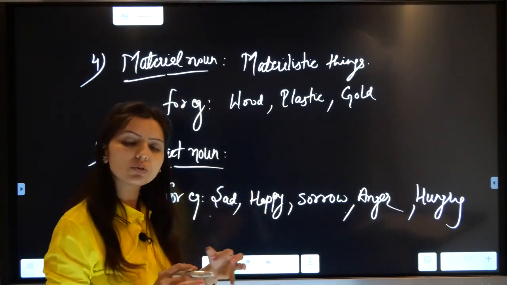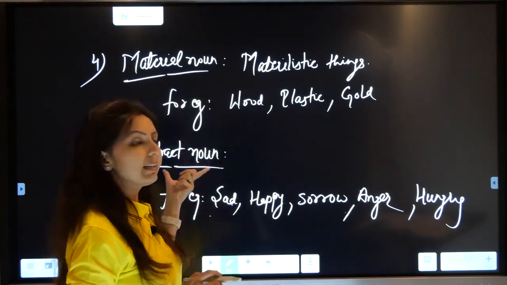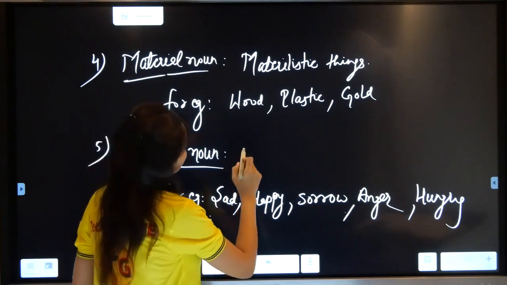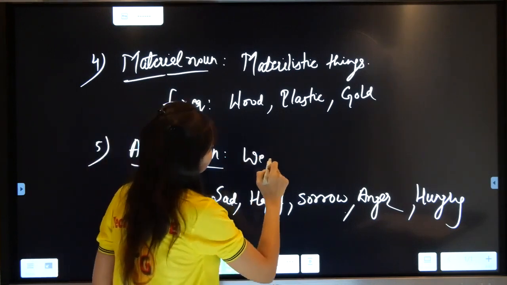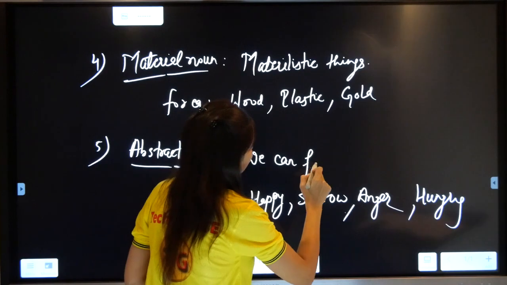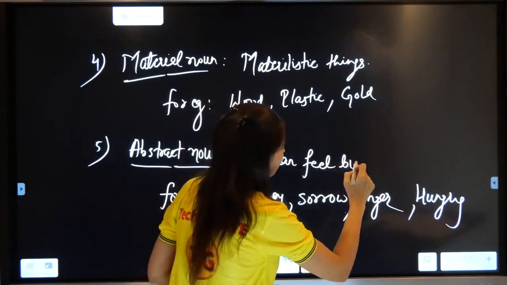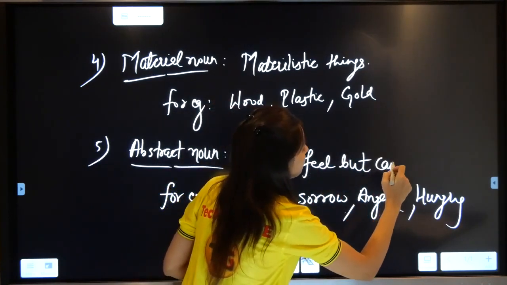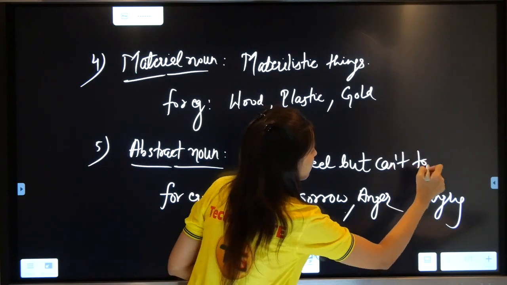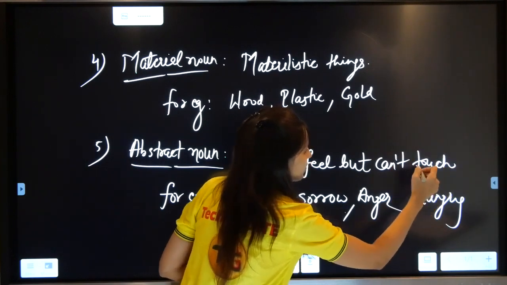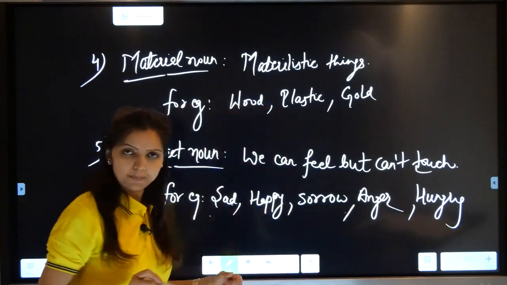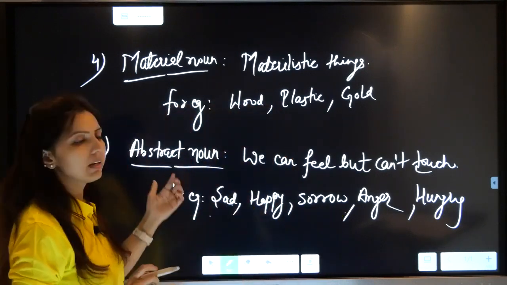So all those words, all those names will be categorized under abstract nouns. We can feel, but can't touch. So they will be categorized under abstract noun.